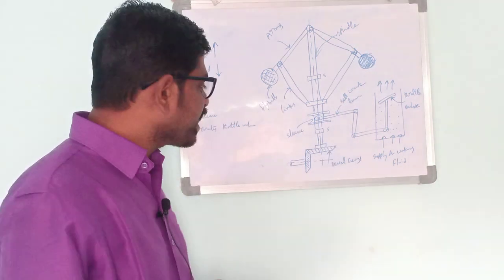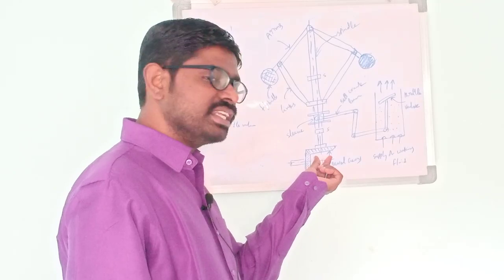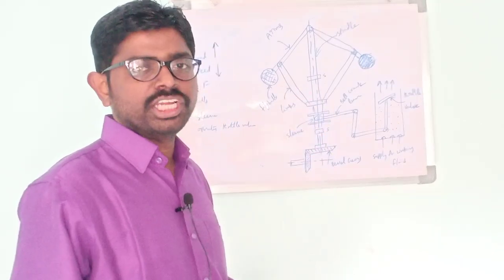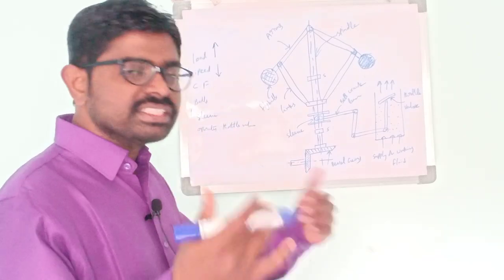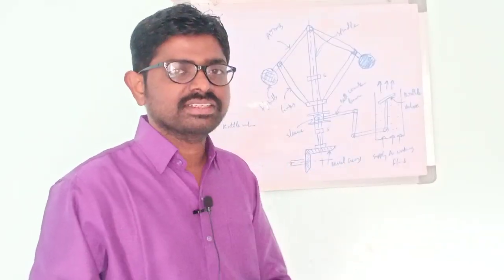That speed will be transmitted via this shaft to the bevel gears, and the same speed is attained by the spindle. It means the load is increased here and the spindle speed is decreased.